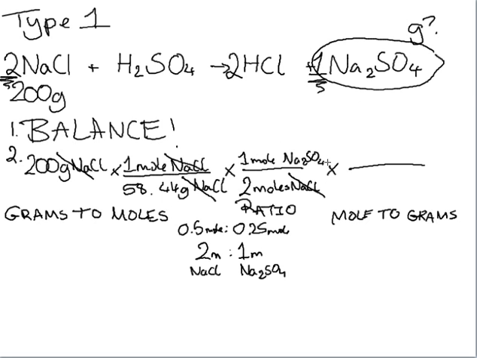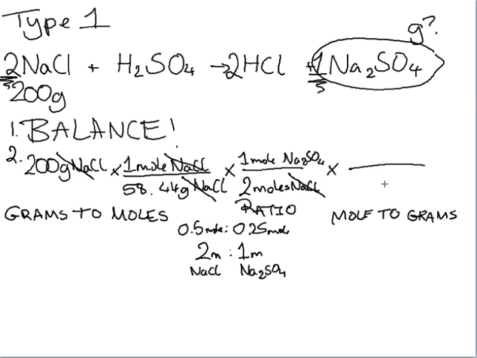For example, because I don't know the actual answer, if you got 2 moles of Na2SO4, how many grams is that? How are we going to put the moles and the molar mass of Na2SO4?